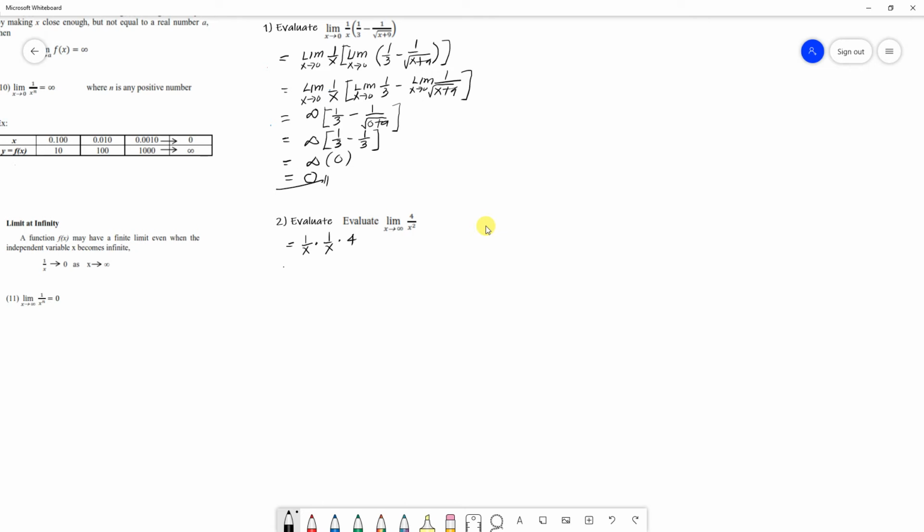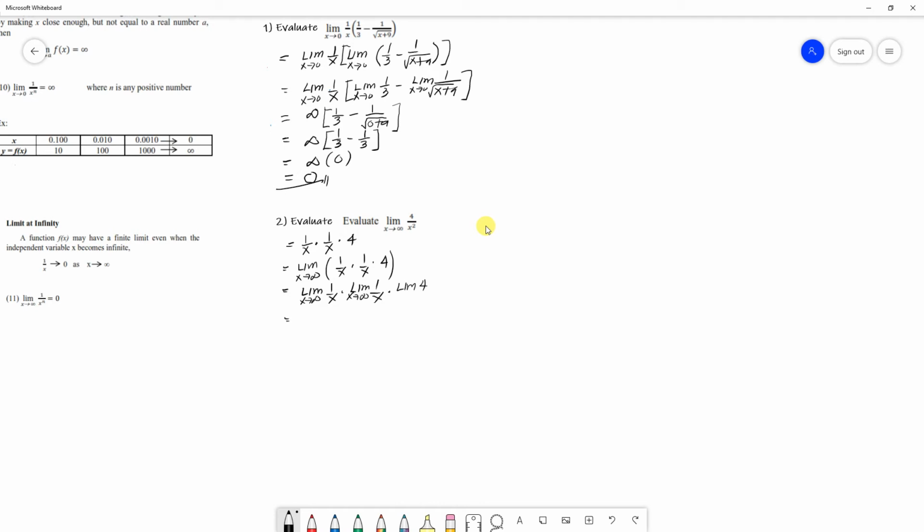So, we can rewrite the problem into limits where x approaches infinity by 1 over x times 1 over x times 4. And applying the theorem of limits, so we have limits of 1 over x times limits of 1 over x times limits of 4, where x approaches infinity.